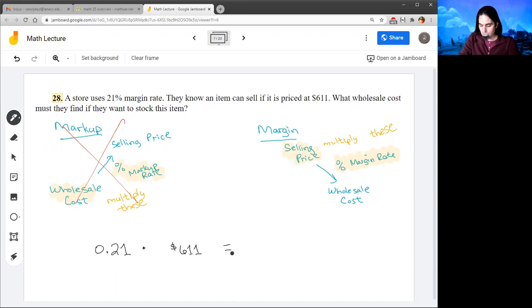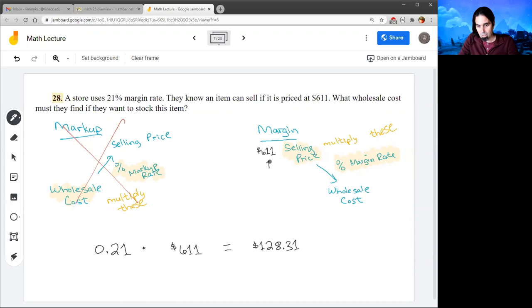And whatever that is, $128.31. We had the selling price was 611.